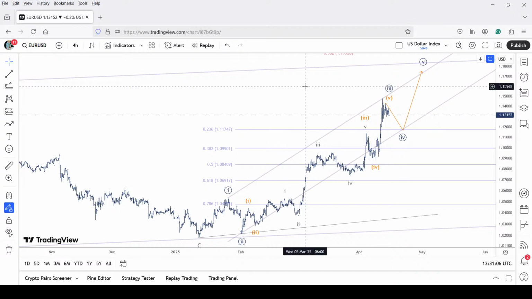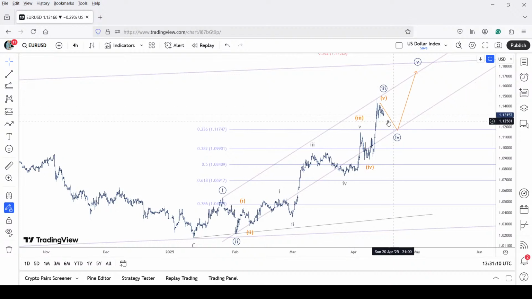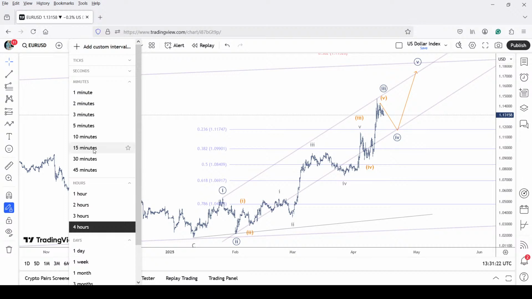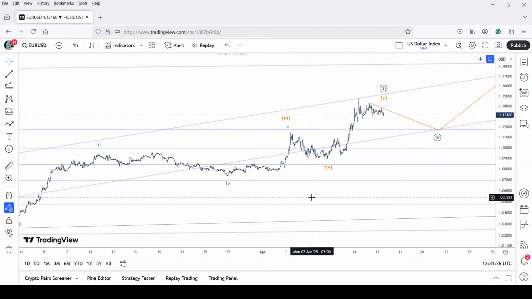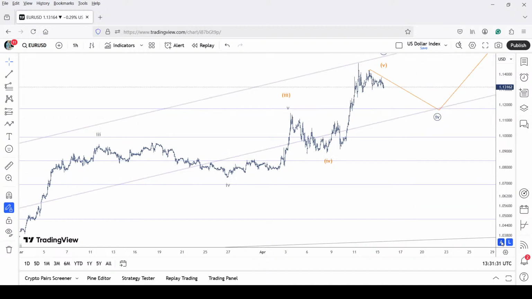What I'm watching right now on the price action is if the euro is breaking below 1.1283 or not. If it breaks below 1.1283, then the structure would be very clear with respect to the subwaves within what we discussed earlier.